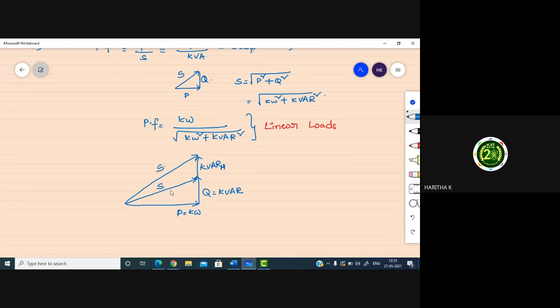If you observe this triangle, in the previous case apparent power is less. Less power will be drawn to do the same work. But here, whenever a non-linear load is connected to the utility, the apparent power drawn from the utility is more to do the same work.